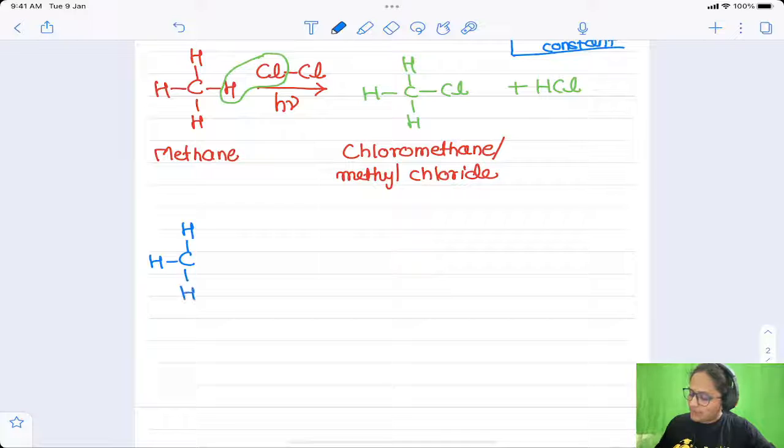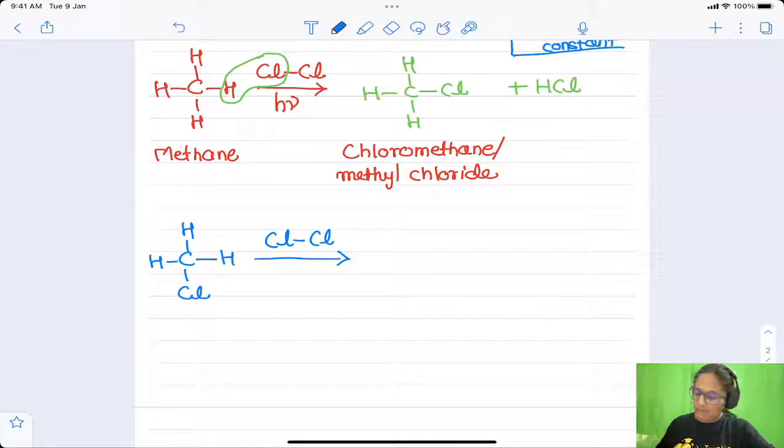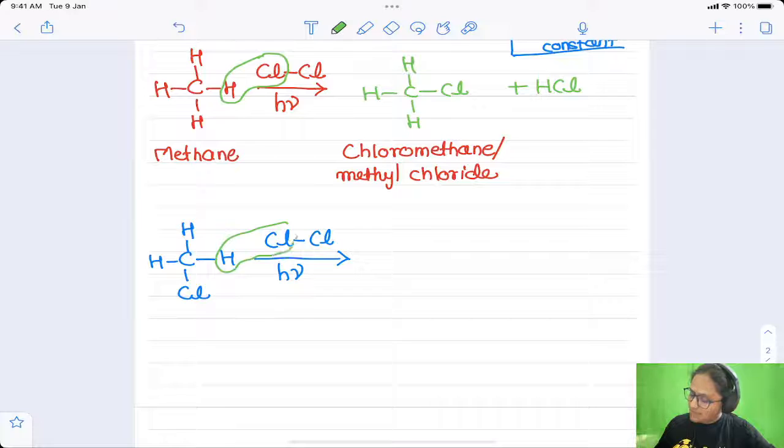Chloromethane further reacts again with another Cl2. Now chloromethane, I will write it like this: Cl below and H here, so that I can show the loss of HCl. If it is further treated with Cl2 and H nu, here also there will be loss of HCl, and HCl will be the byproduct.